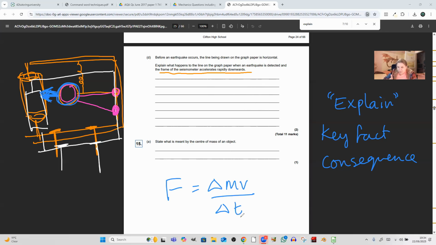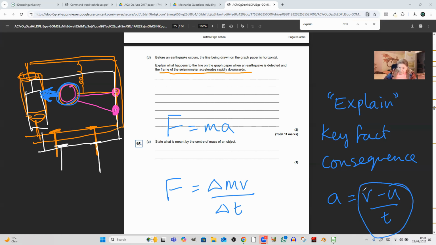Right, now those of you who are in year 12, you will know this equation like this. A is the acceleration. So A, and you know this equation as well in year 12, v minus u over t. It's the rate of change of velocity, so it's your change in velocity divided by time.